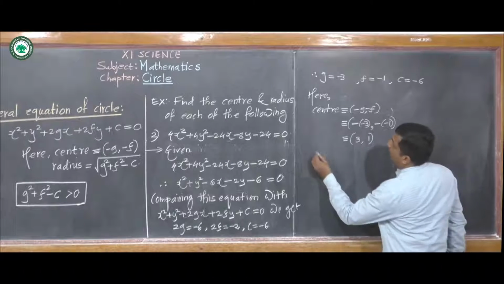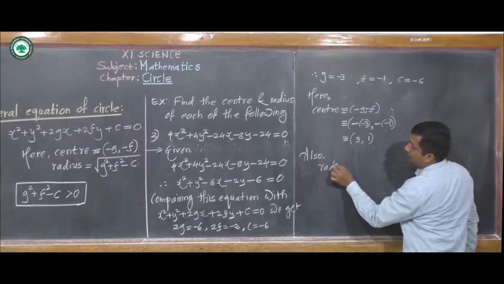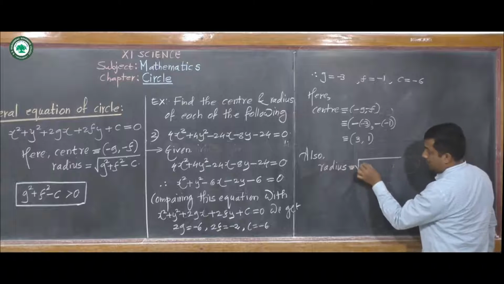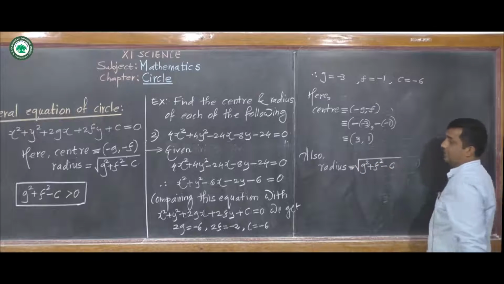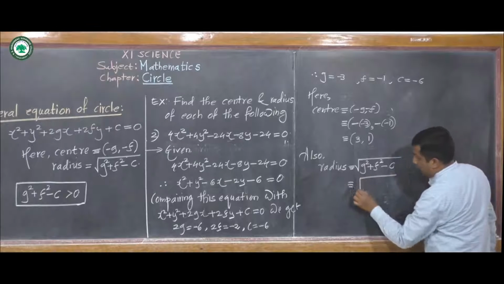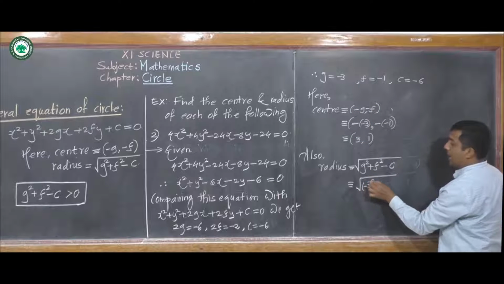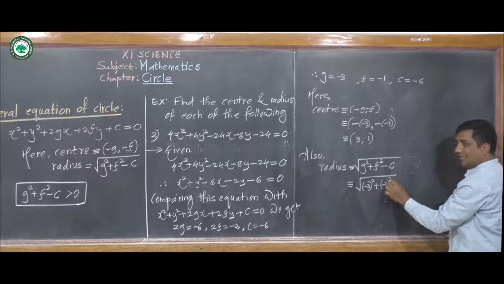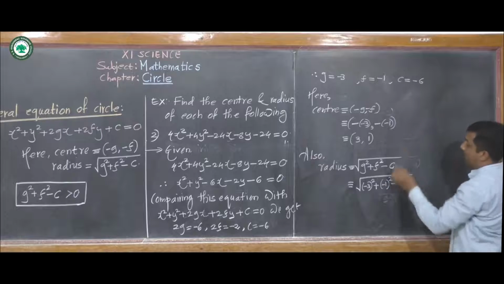Now we find the radius. Radius is equivalent to the square root of g square plus f square minus c. This is equal to the square root of minus 3 square, plus minus 1 square. Next, with minus sign, c is minus 6.